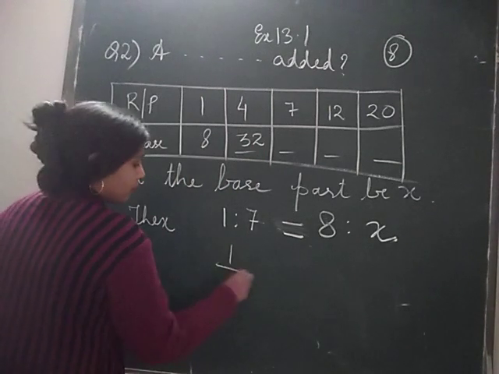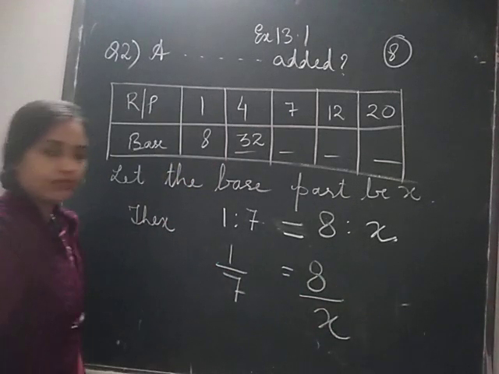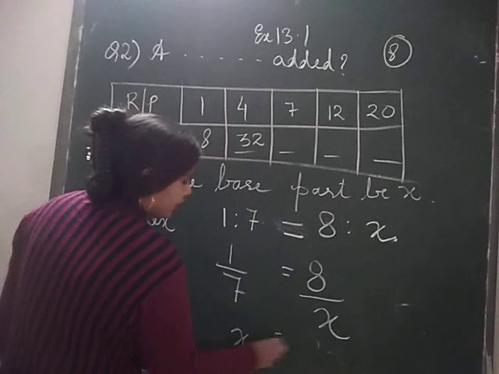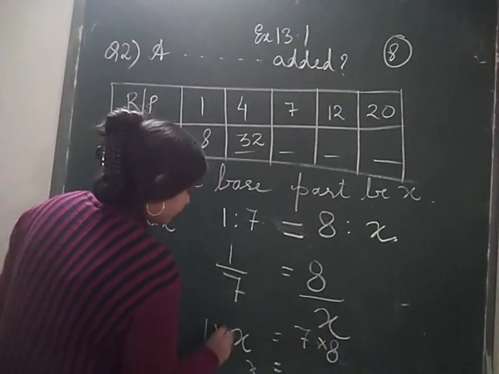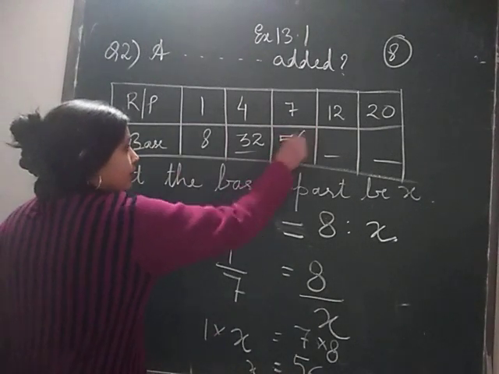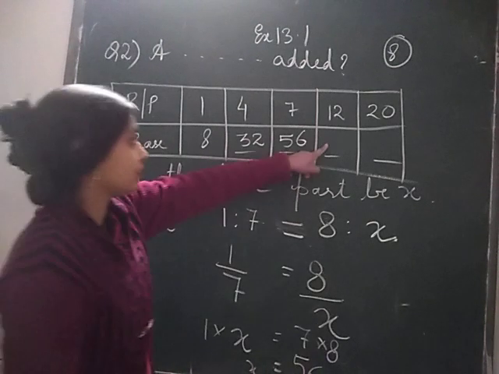Okay, so that is 1 by 7 and 8 by x. Again we cross multiply. 1 into x gives us x and 7 into 8 gives us 56. So what will come here? 56. Okay, now again we do for the third one.